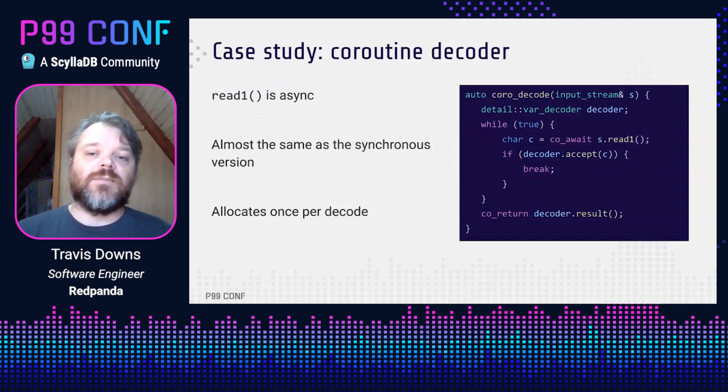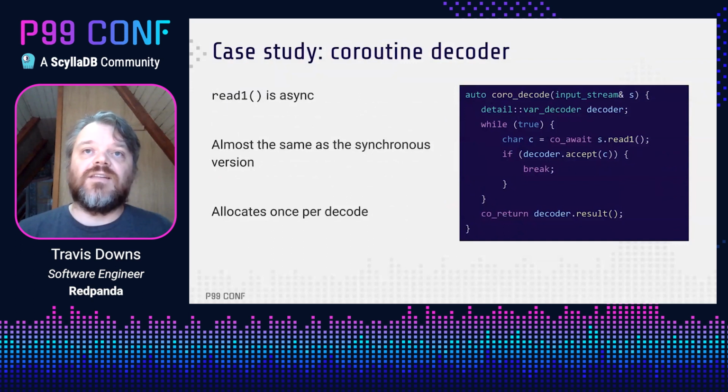The input stream might be backed by a file or connected to a network socket or just an in-memory buffer, but that's where the async call comes in. If we try to read a byte, but it hasn't arrived on the network yet, this call may suspend. So we read the character and then we pass it to the decoder. In fact, if you were to write this in a synchronous way, it would look almost exactly the same. Just the co_await would disappear and the return would be there instead of co_return.